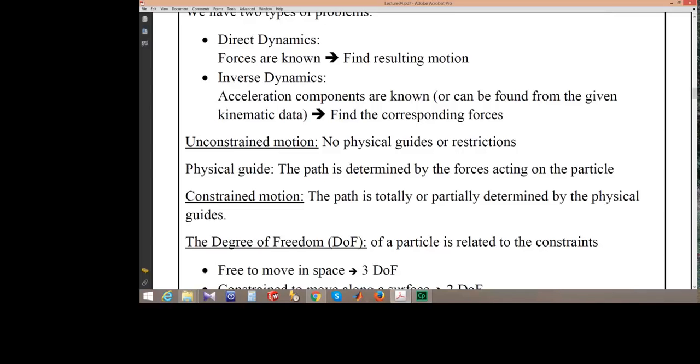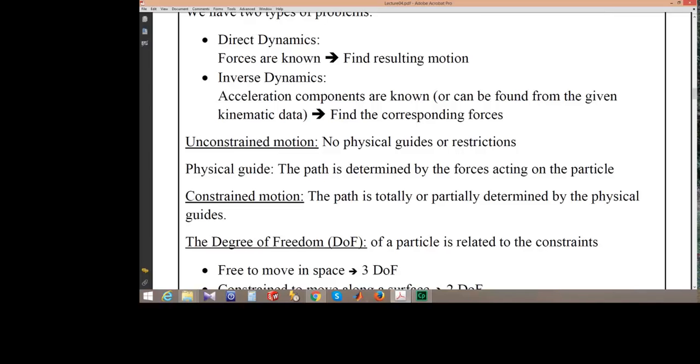If there's a physical guide, then the path is defined with respect to this physical guide, and this path is defined by forces acting on the particle. We usually call these forces constraint forces or reaction forces. The example that we had in the beginning of this course was this spherical ball, the steel sphere, if you remember, and then it was constrained to move on a straight path.